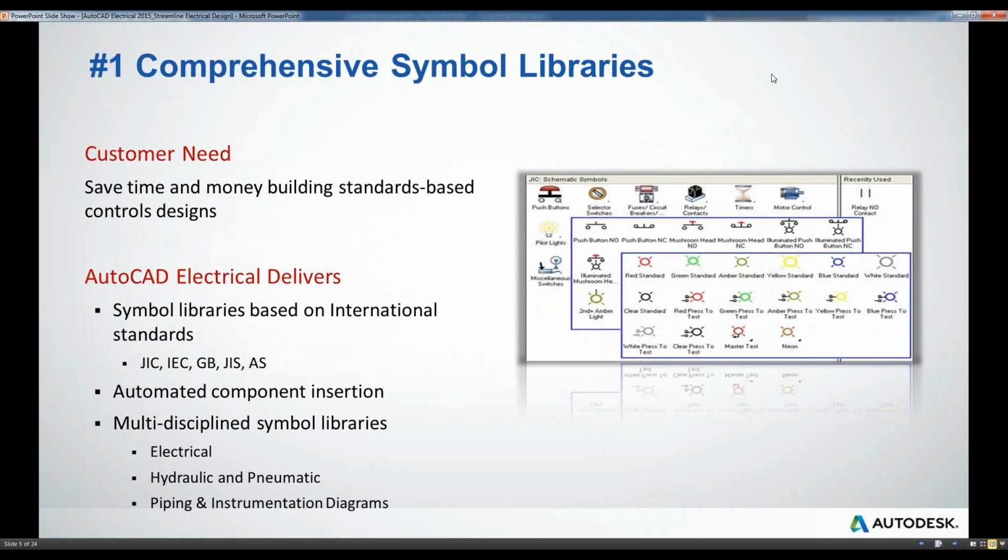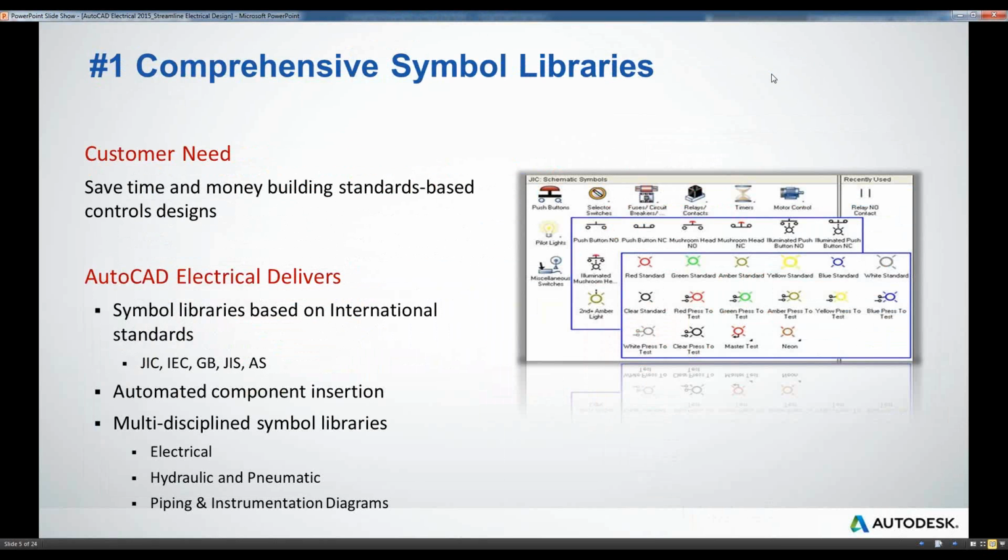Well, the first one is going to be comprehensive symbol libraries. What that means is, we partner with Allen Bradley, Eaton, ABB, your electrical manufacturers, to get their content in our libraries. There are over 1 million different part numbers inside our database with AutoCAD Electrical. What that means is that stuff's already done for you.